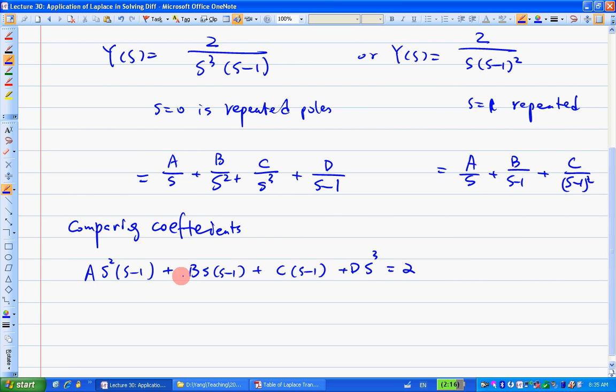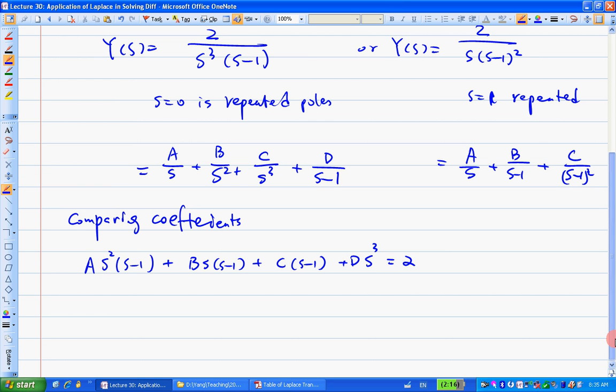Then group the similar terms. Let's see how many s cubed terms. There is one, A, and D is also s cubed. And how many s squared terms? A is 1, and that's negative, and there's a B here, and that's it.